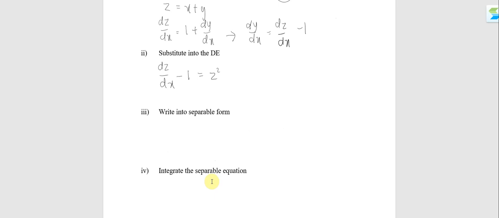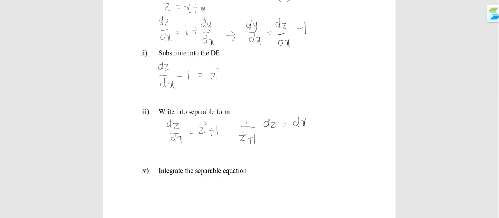So from here, okay, you can write dz over dx equals z square plus 1. So then you bring 1 over z square plus 1 dz equals dx.